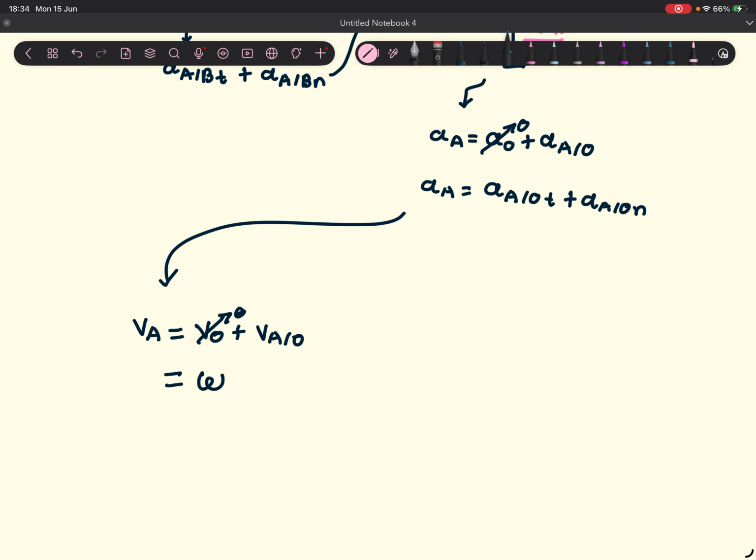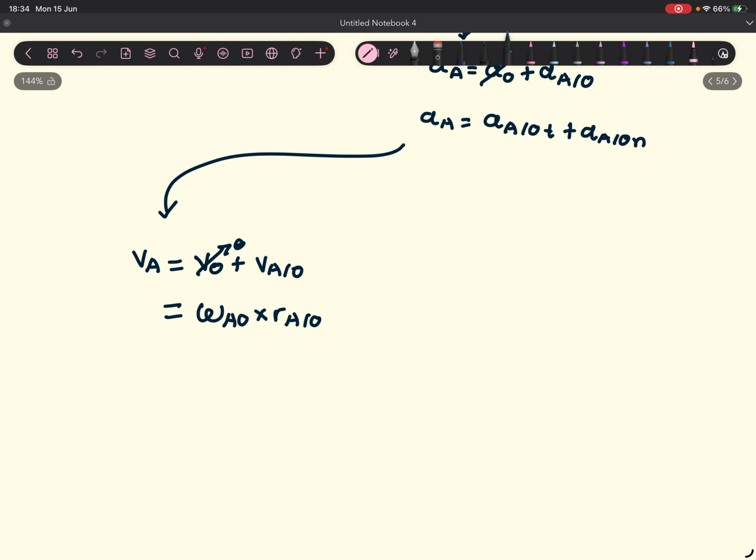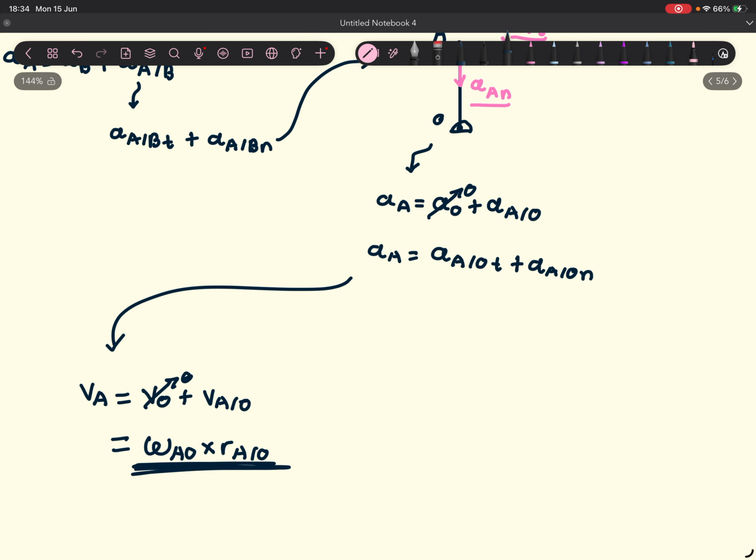Then this breaks up into omega AO crossed with RA relative to O. So you can see that this describes pure rotation. So the relative term, in the case of acceleration and in the case of velocity, describes the relative rotation between the two. Hopefully that makes sense.